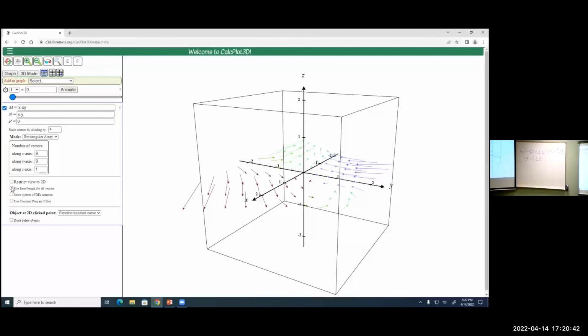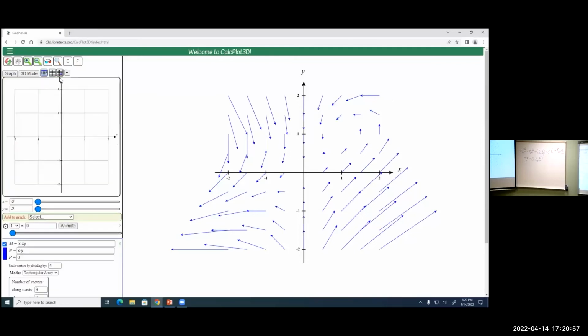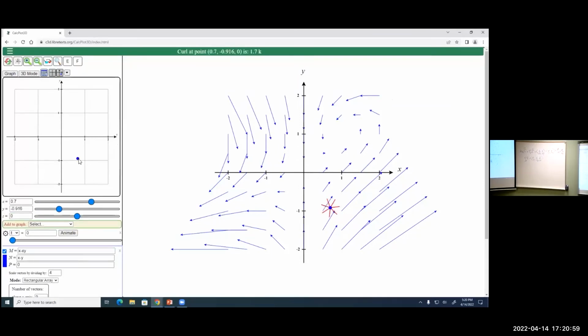It's only a 2D vector field, so let's just restrict it to 2D. Now we saw we could do flow line solution curve. We can also do curl at a point. So let's drop a point in there. That's the curl. That's what's making it rotate. Now watch what happens as we move this point around.